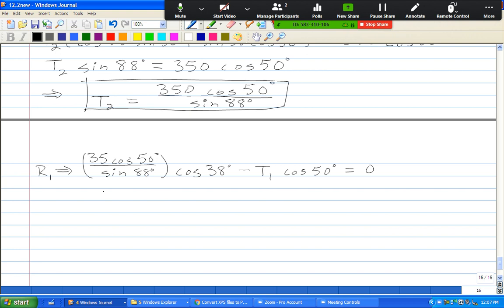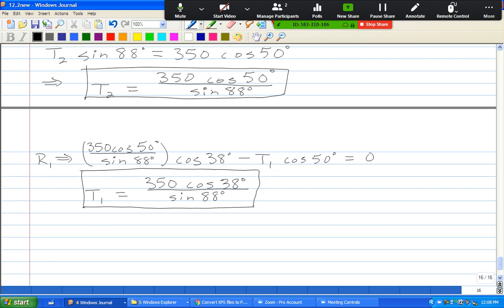So I have that T1 is equal to 350 cosine of 38 degrees over the sine of 88 degrees. So that's the magnitude of T1.